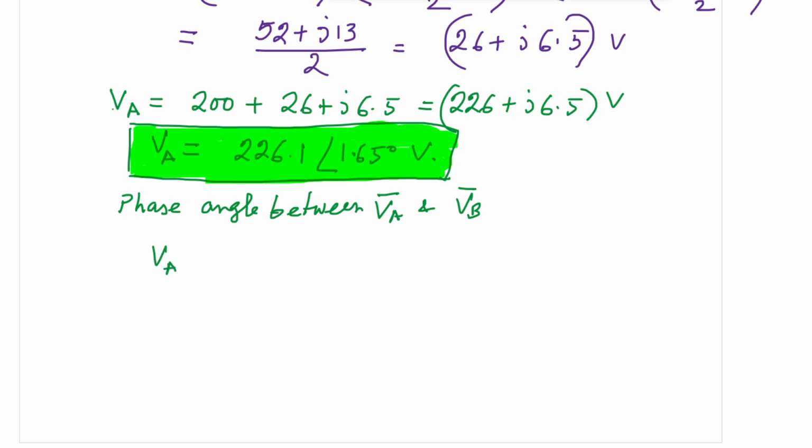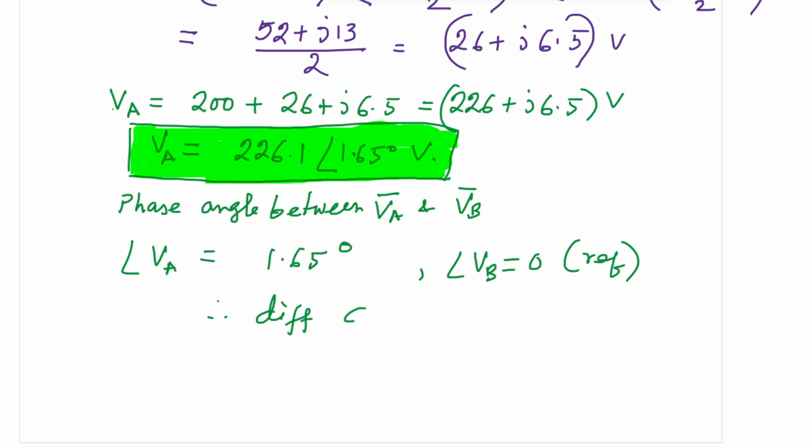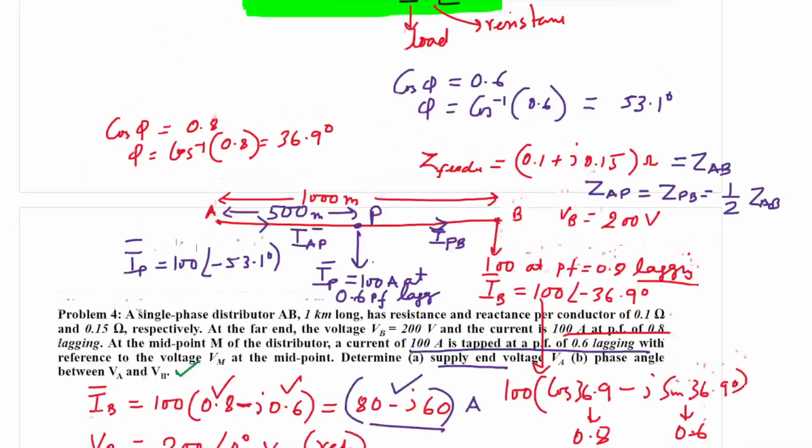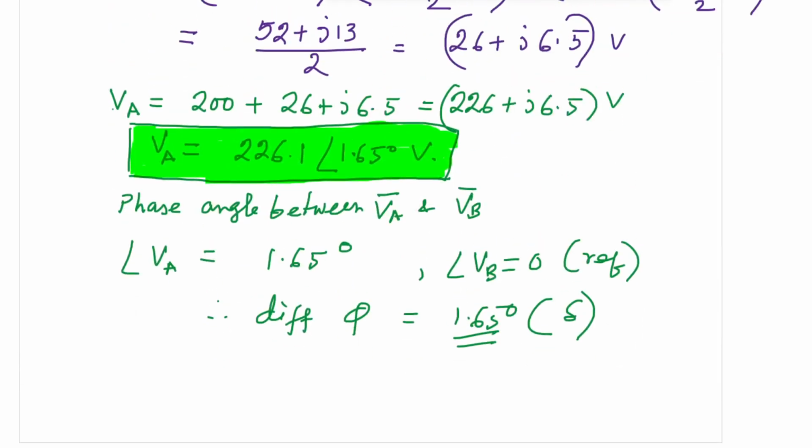So the angle of VA is 1.65 degree and the angle of VB is 0. Why? Because we consider this one as a reference phasor. So the phase angle difference is 1.65 degree. This angle is also called load angle, the difference between supply and load. This is the second answer, 1.65 degree.